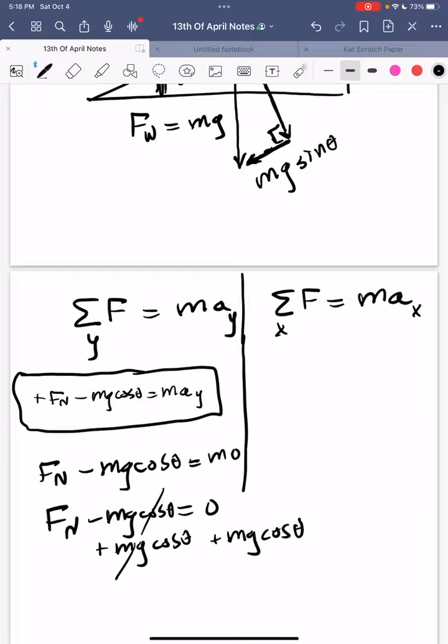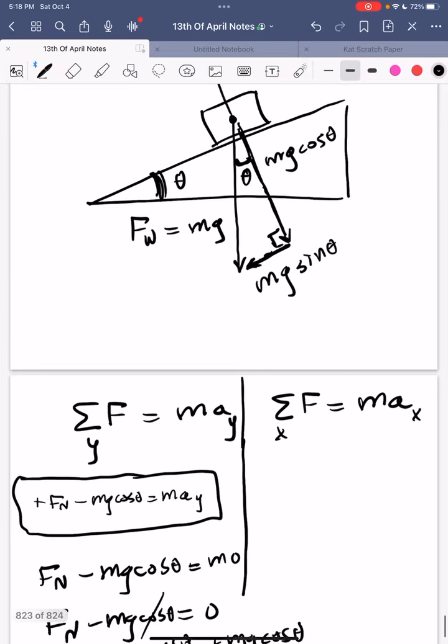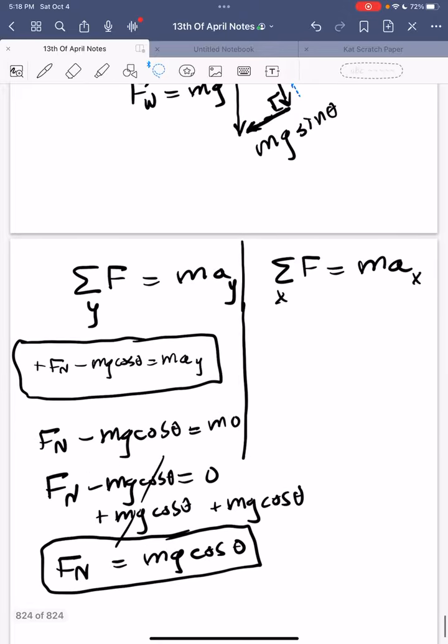And it cancels here. And then I get Fn equals mg cosine theta. That's my equation for the sum of the forces in the y direction. So those forces must balance out. So what we know is that this normal force here has got to be exactly equal to mg cosine theta. And there's no acceleration in the y. All right? So that's what we have in the y-axis.